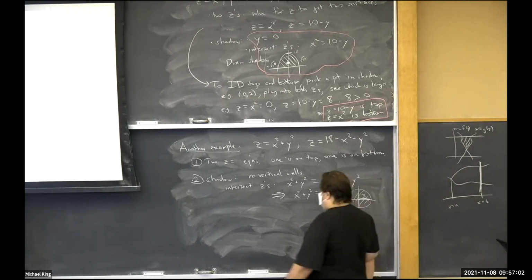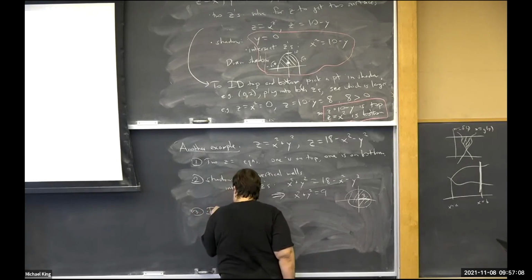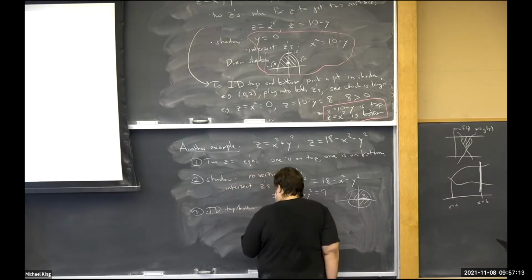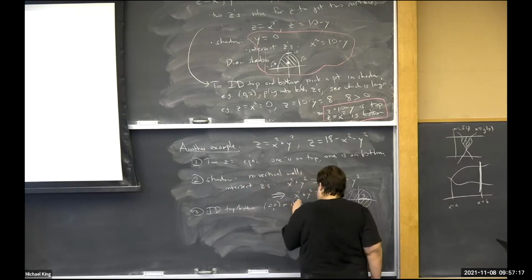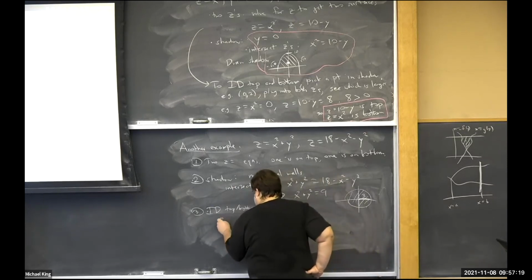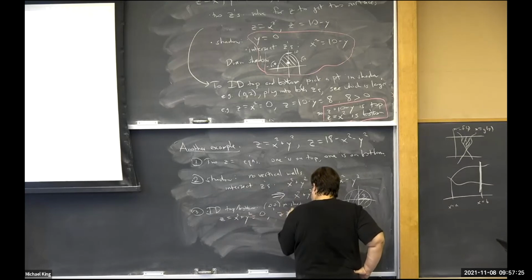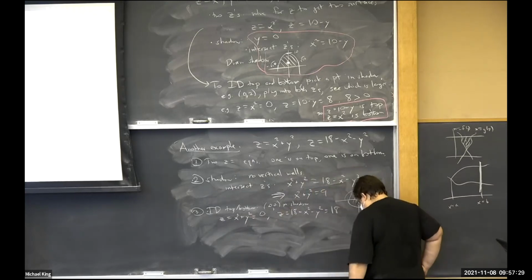What about the top and bottom? Well, 0, 0 is in the shadow. So if we plug in, we get 0 for the first one, 18 for the second one.